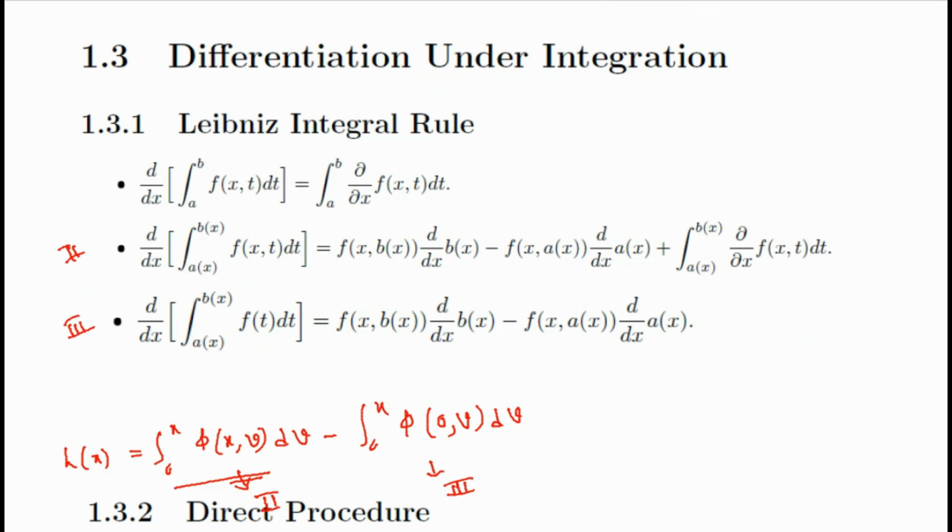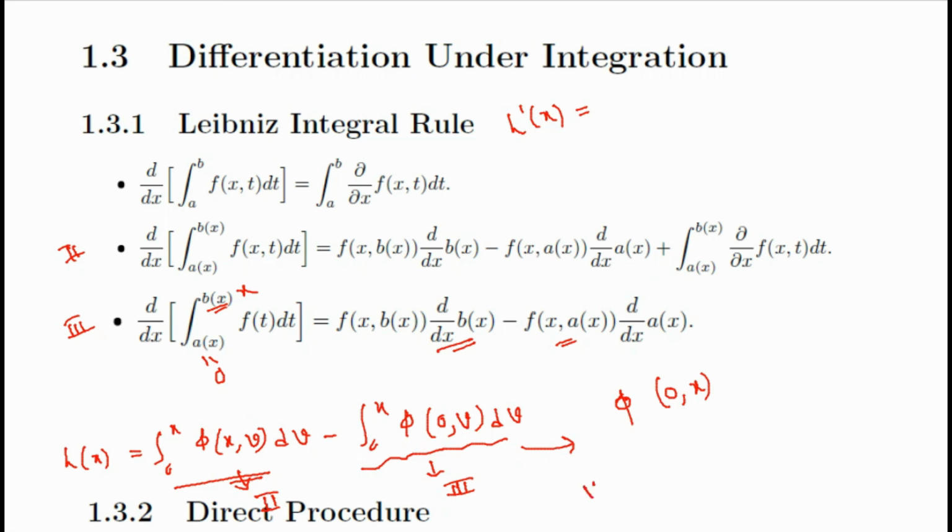So h dash x will be, this is formula 3. If we use formula 3, then what we will get? Here a equal to 0 and b equal to x, and instead of t there is b, so it doesn't matter. This part will be phi 0 x, and this differentiation will be 1, and this part will be 0.